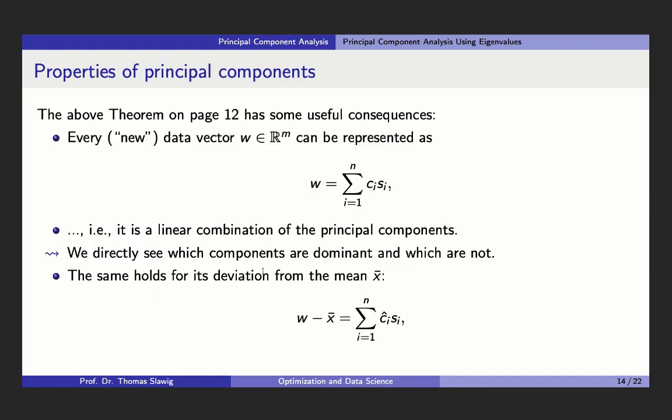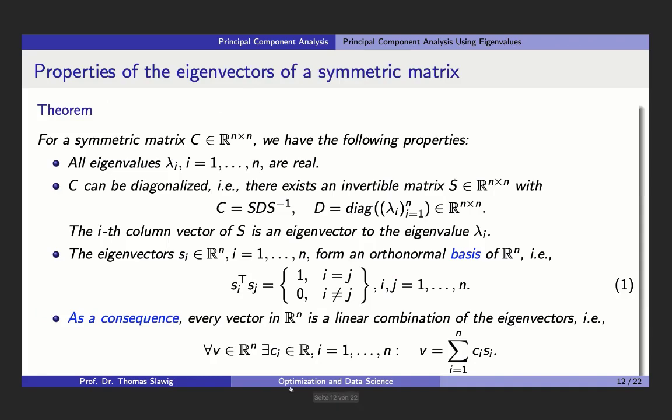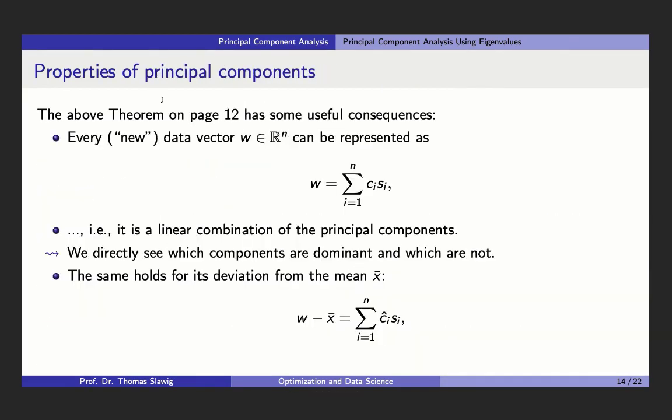Okay, the theorem that we had has some consequences, and basically this was the last point in the theorem, that every vector is a linear combination of the eigenvectors. The first consequence is, if I get a new data vector also in R^n, I can always represent it like this.